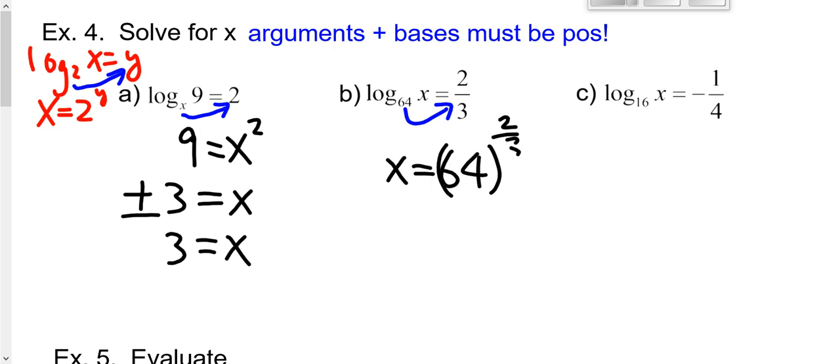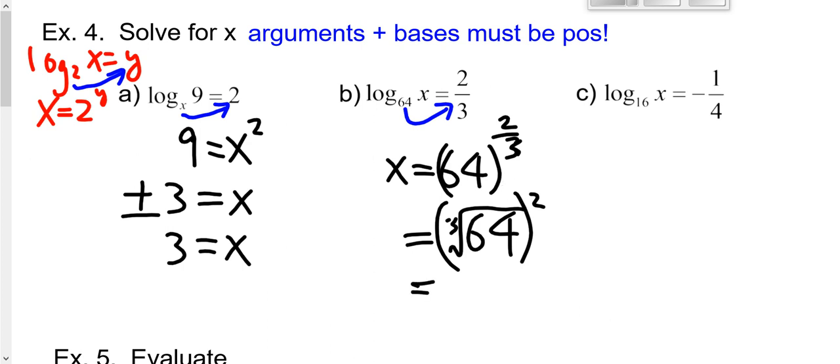Okay, you can punch this into your calculator, but I want to review this with you guys. What do the 2 and the 3 mean? The 2 on the top means exponent, so that means you have 64 squared. And then the 3 on the bottom means the root, so that means you have a cube root. If you find this a bit confusing, put the brackets around, that's fine. So if you simply punch this in your calculator, you would get 16.